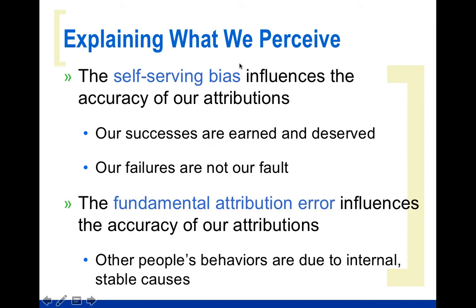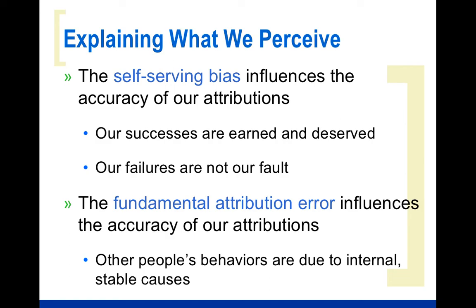We also have a self-serving bias. This influences the accuracy of our attributions as well. We tend to view the things that we do positively as something we've done. Our successes we see as earned and deserved: I did that, I made that happen for myself, and it wouldn't have happened if I didn't have the gumption to take on these things.